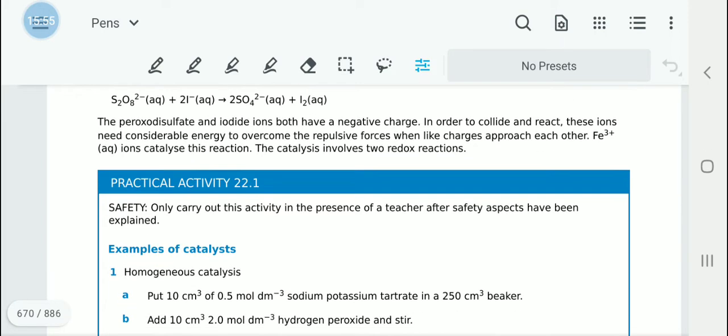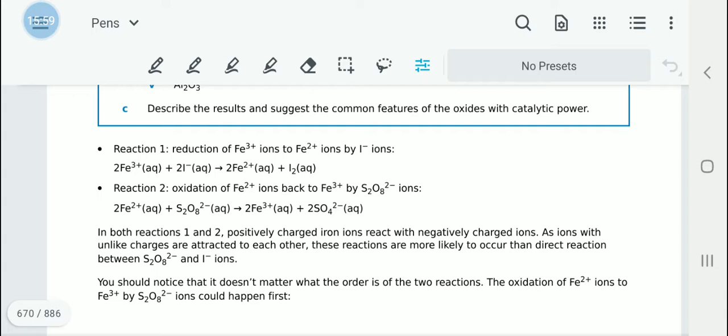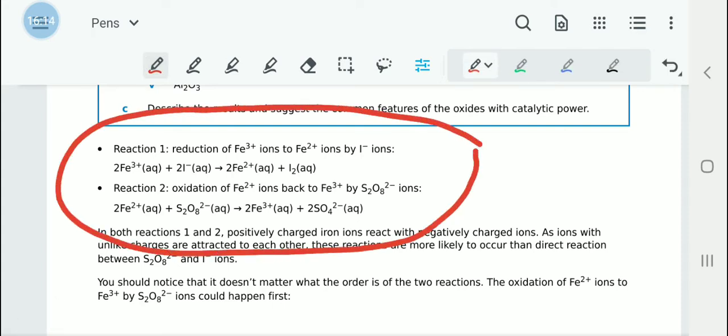This reaction can be easily carried out by the presence of Fe3 plus or Fe2 plus ions, which would act as the catalyst. Write these two reactions.